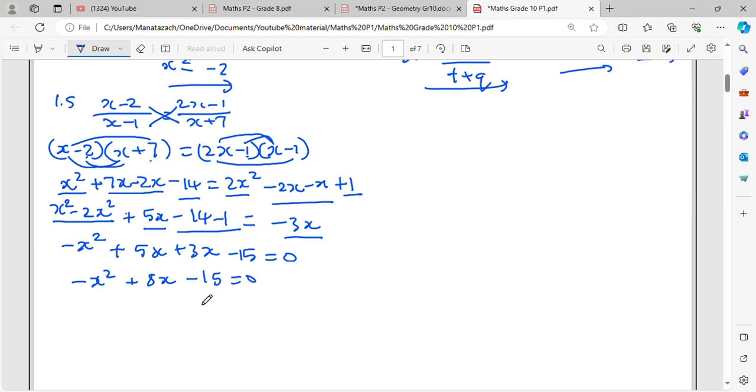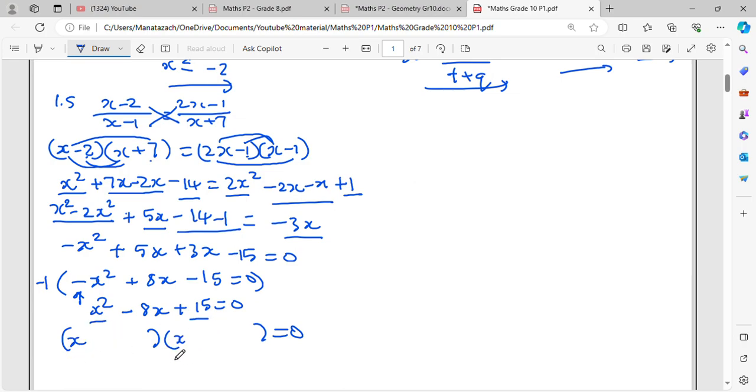Okay, so since this sign here is negative, we can multiply by minus 1 to change this sign to become positive. So that is easy for us to solve this quadratic equation. So now let's look for factors. The factors for x squared is x times x.